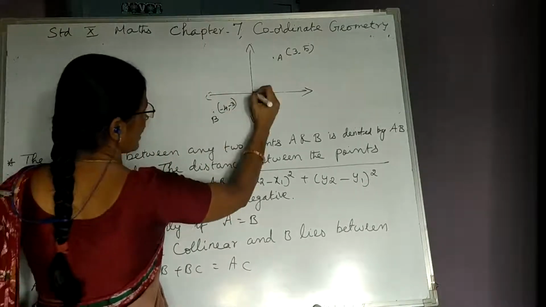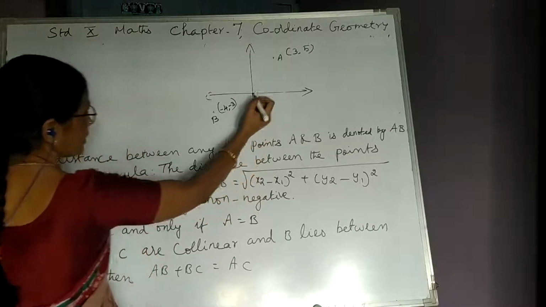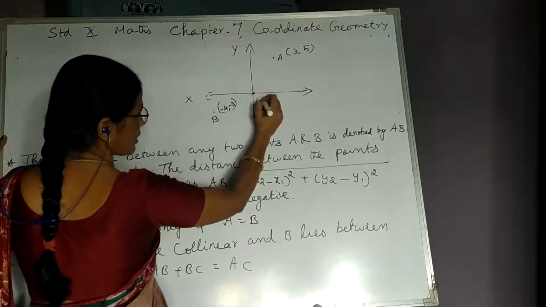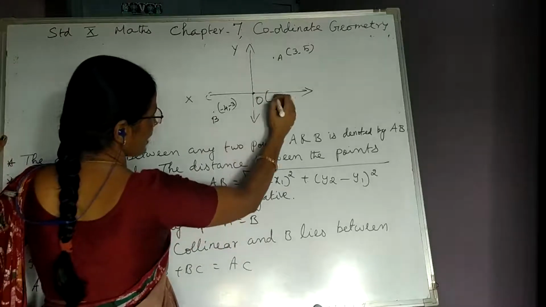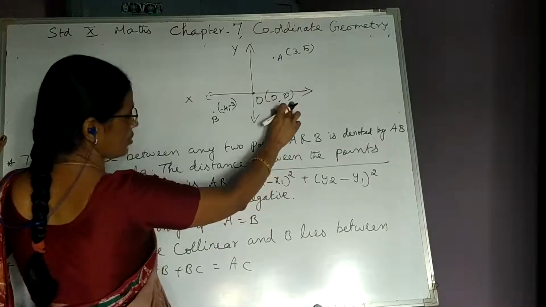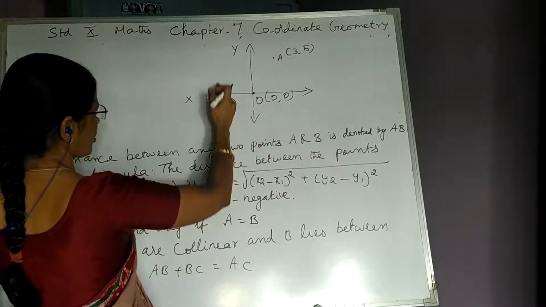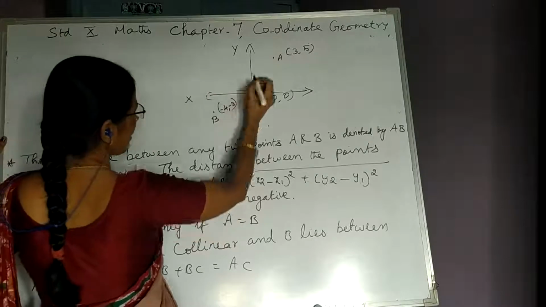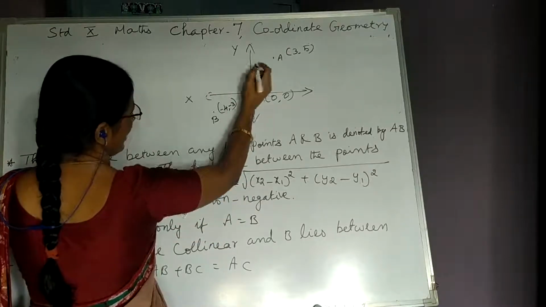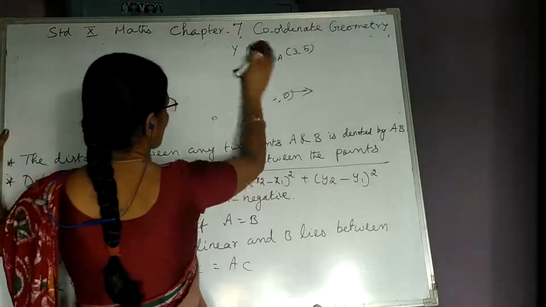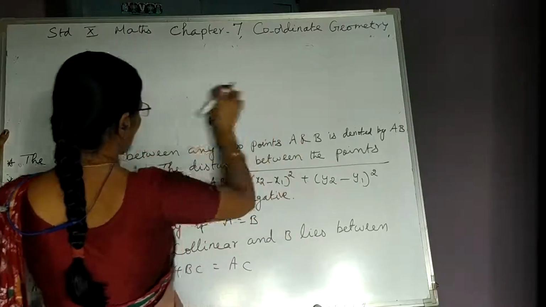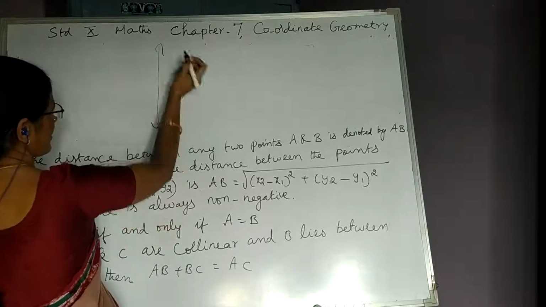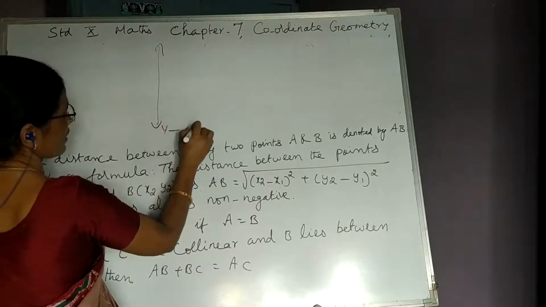We know what is the coordinate of the origin. We know what is the origin. The point of intersection of the x-axis and y-axis is called the origin, denoted by O. Its coordinates are 0, 0. Also remember what we read in the first few points. I'll explain it again. If you take any point on the y-axis, the vertical line is called the y-axis, and the horizontal line we have taken is called the x-axis.